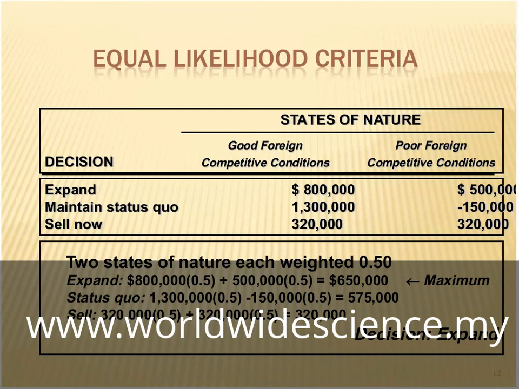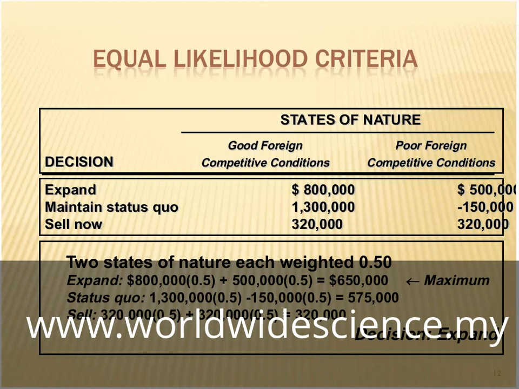Because we have two states of nature and we should allocate an equal number, each state of nature should be allocated 0.5. 800,000 times 0.5 plus 500,000 multiply 0.5 equals 650,000 US dollars.